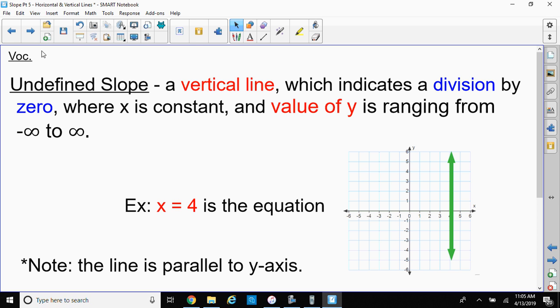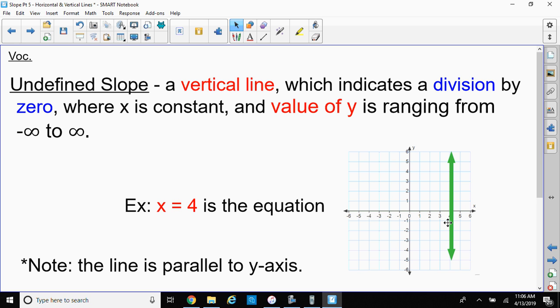All right, let's continue our vocabulary. Undefined slope is a vertical line, meaning it goes straight up and down like the y-axis, which is indicated by a division by 0. So there's a division by 0 where x is constant and the value of y is ranging from negative infinity to positive infinity. For example, we have this green line over here. It's x equals 4 is the equation.